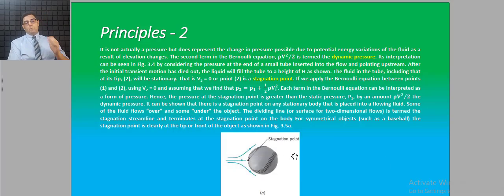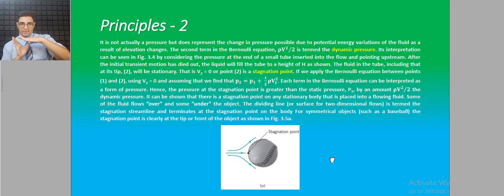Another fact is that when we are considering a streamline, when it reaches an object, two situations might be happening. First of all, the stagnation point might be happening on the top, and the second might be happening on the bottom side. It depends on our consideration as well as the geometry.